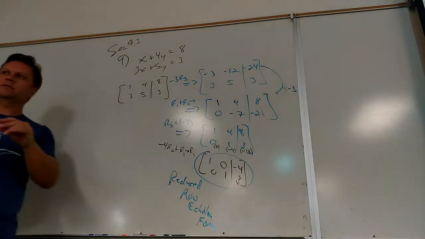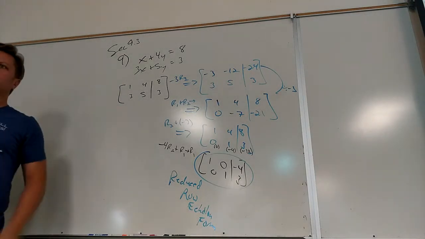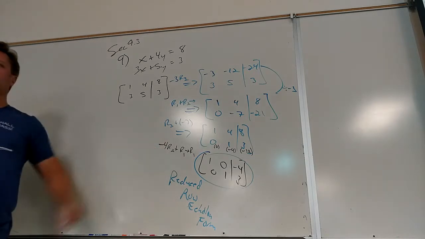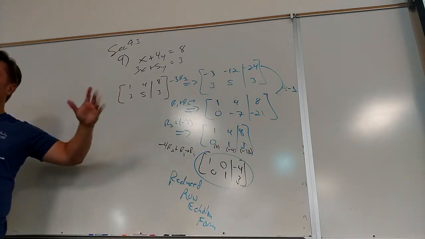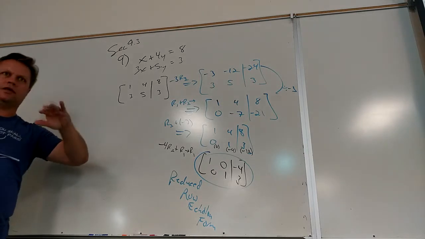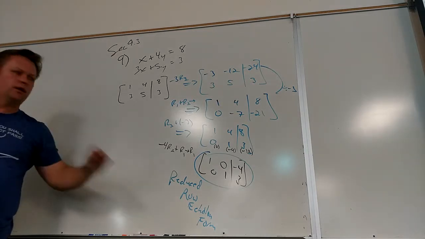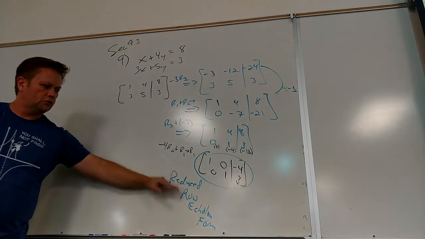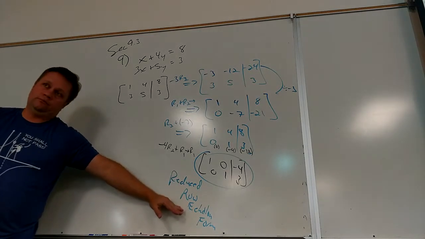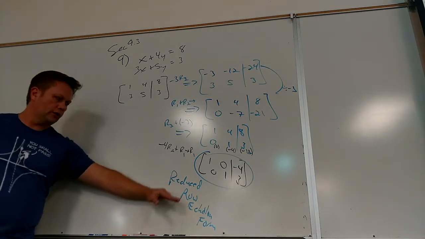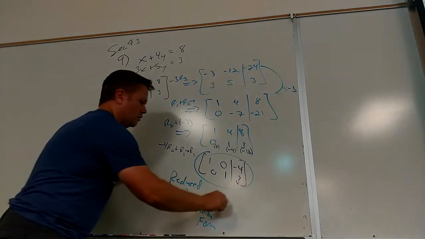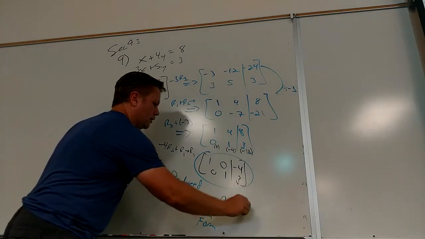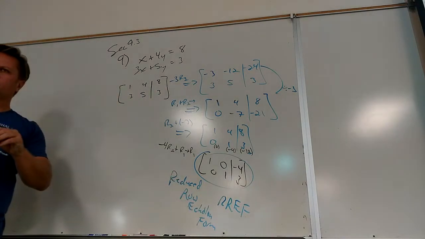That's the official title of what form that's in. See how the word reduced kind of makes sense in a way? You're getting all the zeros you can, reducing the rows. Echelon is tiers. Okay, whatever. Reduced Row-Echelon form, R, R, E, F. Right?